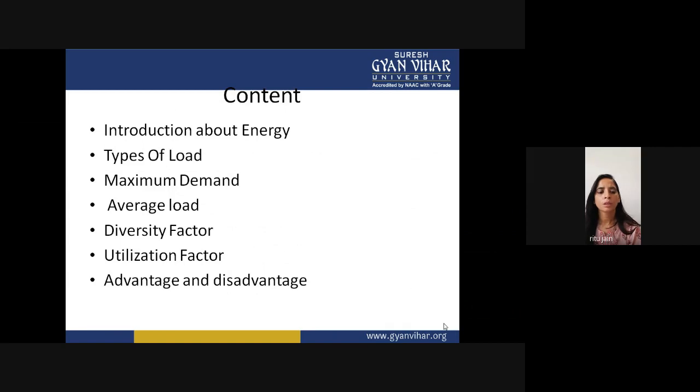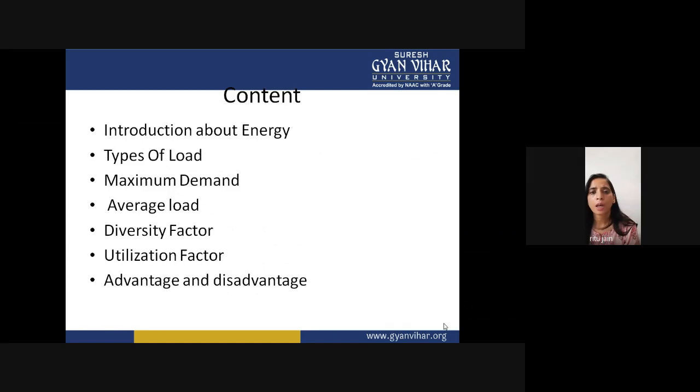So 1,000 watt means 1 kilowatt. One kilowatt hour means in 10 hours you are consuming 1,000 watt hours. It means you are consuming 1 unit in 10 hours. So 1 kilowatt hour also represents the unit, or you can say energy in electricity terms.